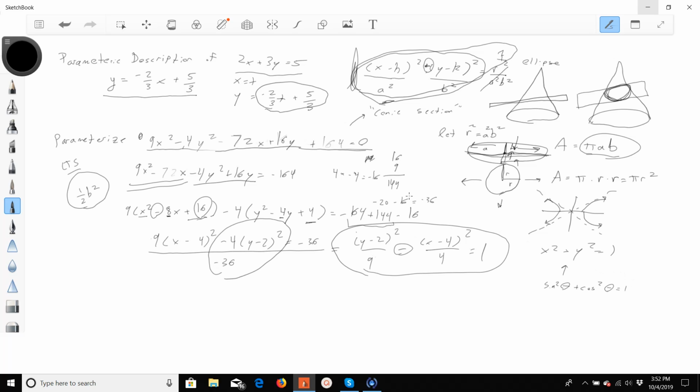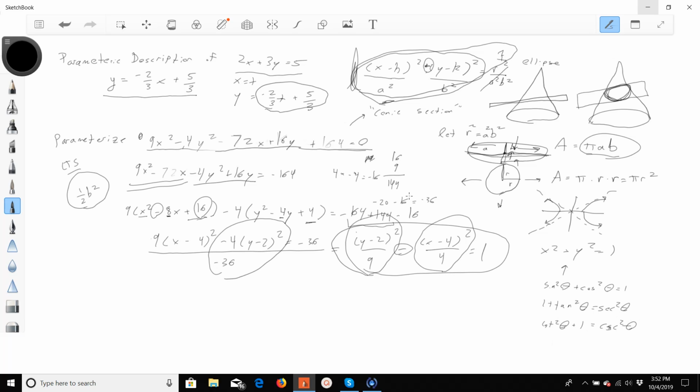But here, we have something squared minus something squared is equal to 1. So we're going to have to be using one of the other two Pythagorean identities, namely 1 plus tangent squared theta is equal to secant squared theta, or cotangent squared theta plus 1 is equal to cosecant squared theta.